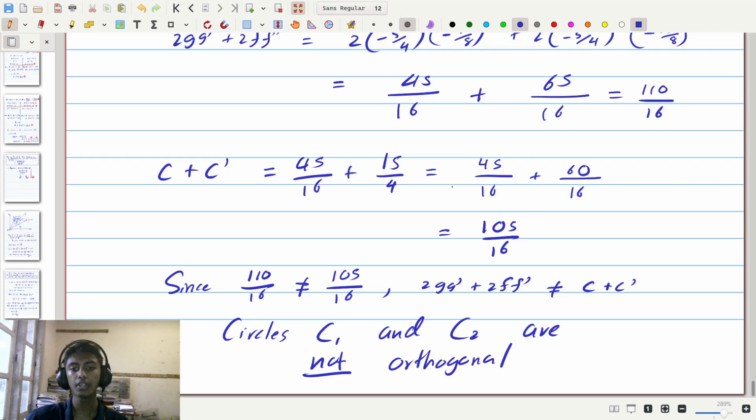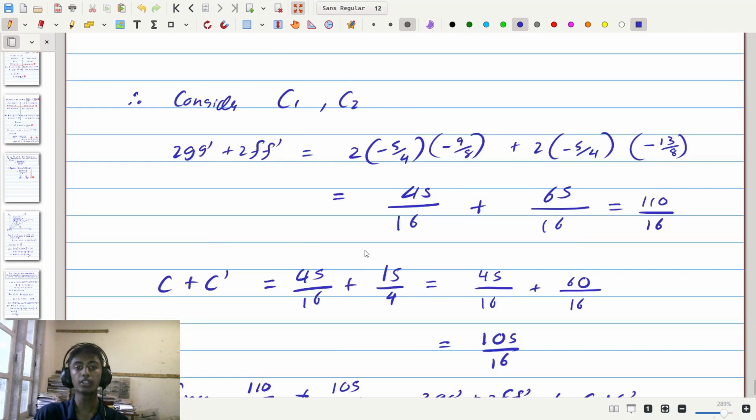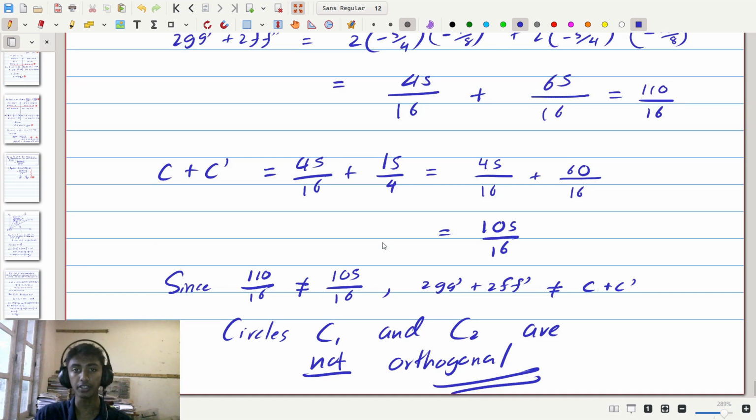So this is important. They are not orthogonal because the two sums on both sides are not equal to each other. So that's going to be the last part of this question.